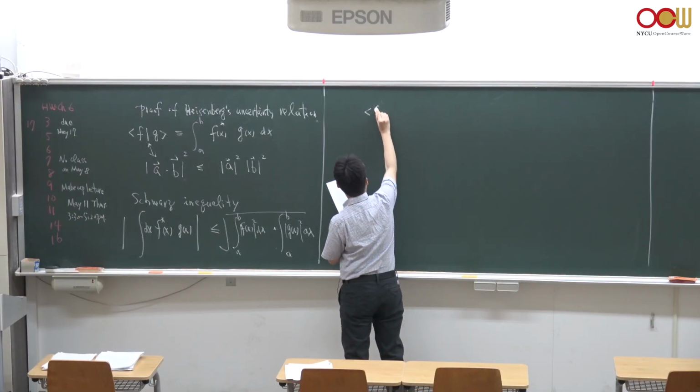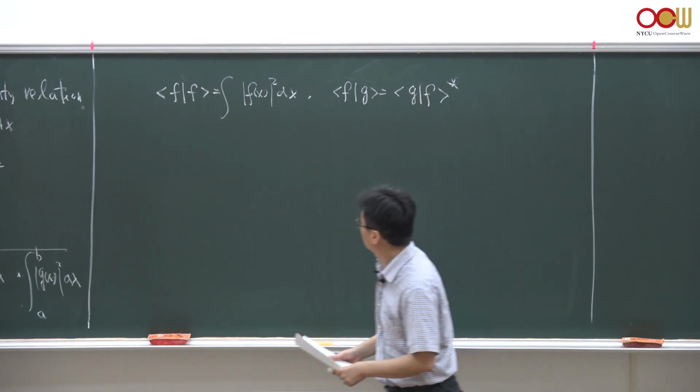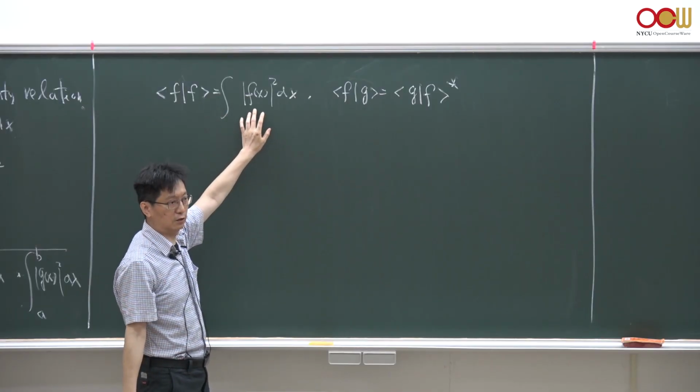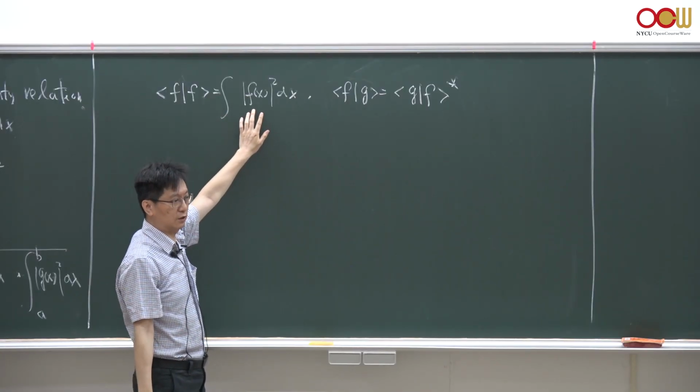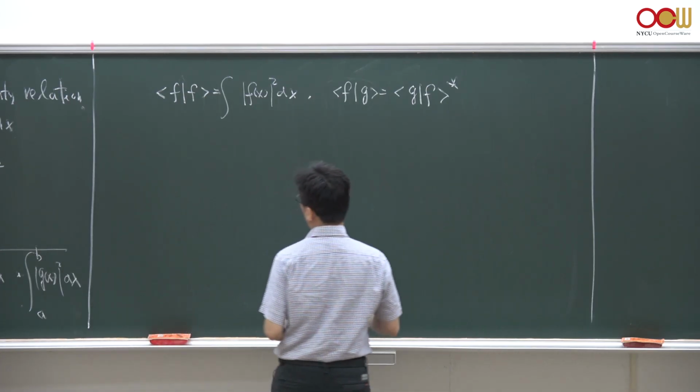So let us use Dirac notation. When I project f onto f, I take the integral, and inside the integral is the magnitude squared of the f of x wave function, right?